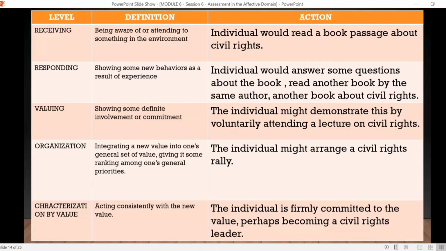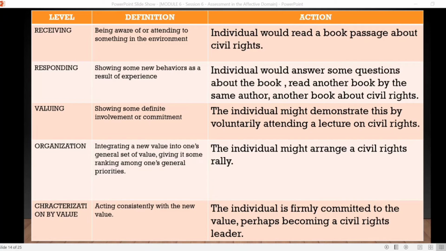Someone is very busy about civil rights, organizing a rally. Let's say, for instance, in the future Mr. Bailo fights for human rights. That is the organization level when it comes to the affective domain.